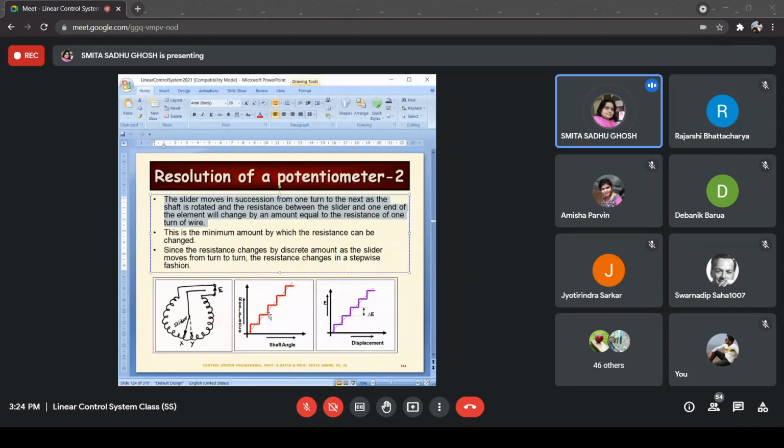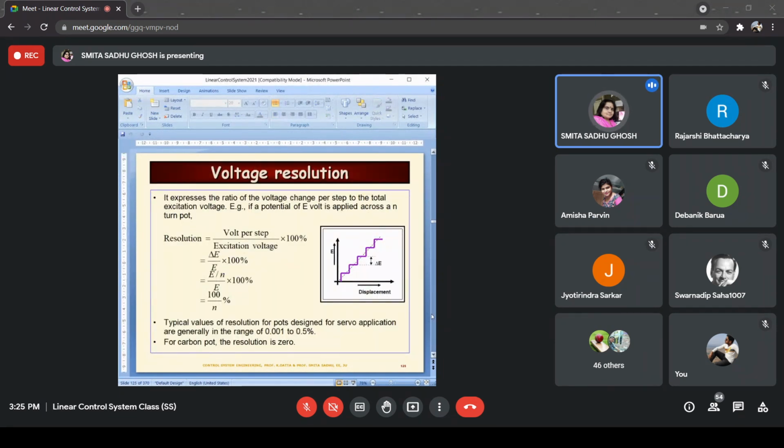The size of this step is the amount of resistance change from one position of the slider to the next. So the difference in the resistance of the wire will be the step sizes in this plot. Since the resistance changes by a discrete amount as the slider moves from turn to turn, the resistance changes in a stepwise fashion.